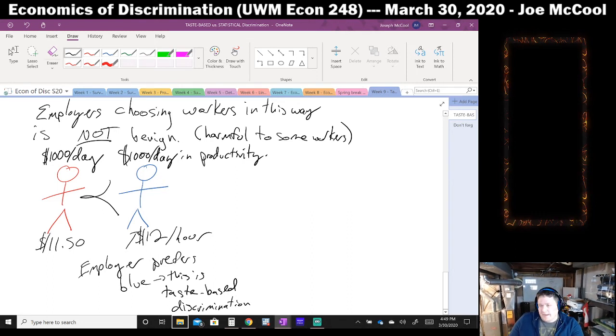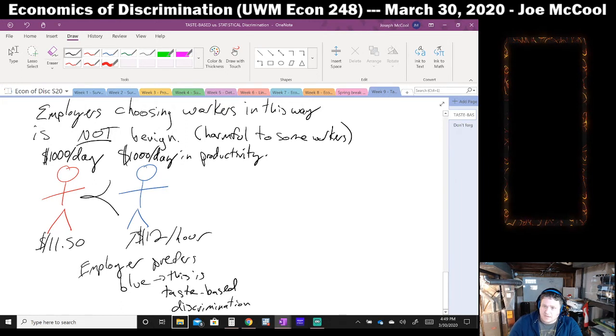If I'm hiring two groups of people, we have white workers and we also have black workers, for example. If the white workers are making $12 an hour and the black workers are making $11.50 an hour, then we could model that as taste-based discrimination, because we're saying that if there were white workers who were willing to work for $11.50 an hour, they would definitely have taken them.